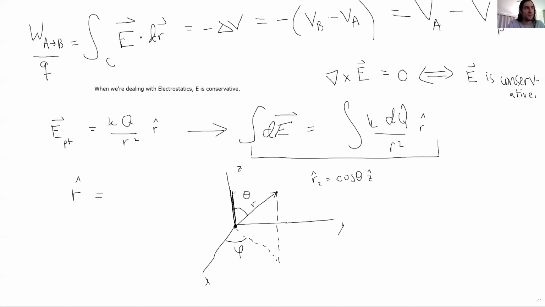And if r is going to be 1 for a unit vector, normally it would be r times cosine, but r is 1. So for the unit vector, the z component is cosine theta. Okay, good. We've got one component. Remember why we're doing this. We're doing this because we want to calculate this here, the curl of E. And it all depends on this unit vector here. What is this unit vector? We figure out what that unit vector is, and then we can do the curl. Okay, that's nice.